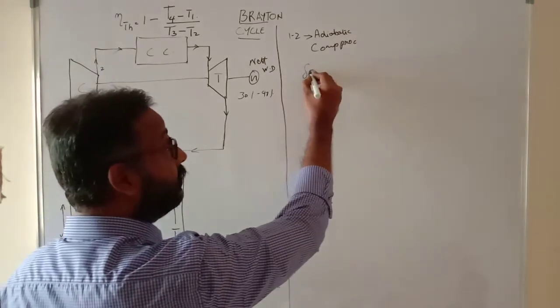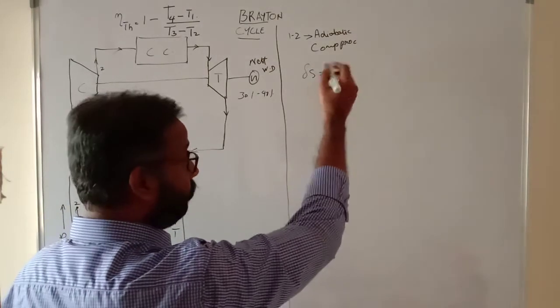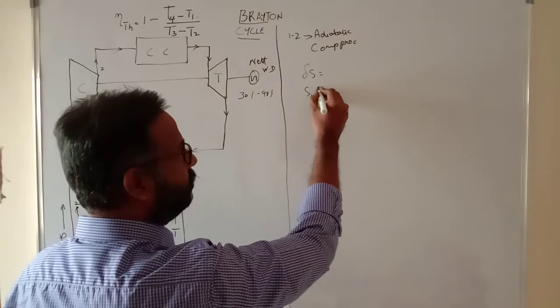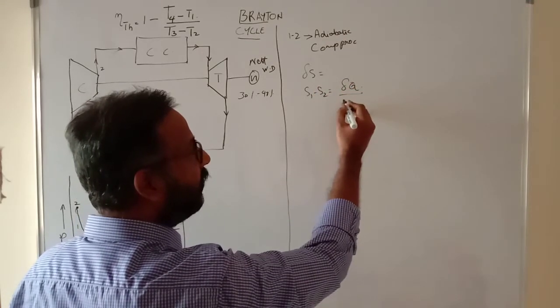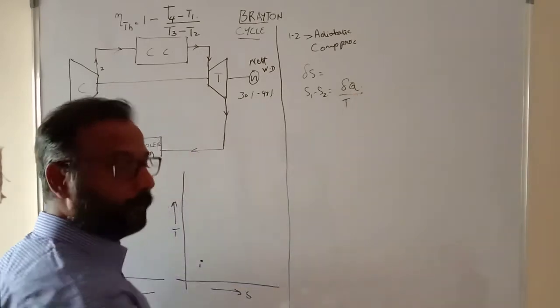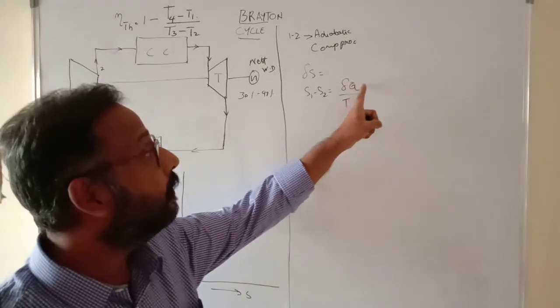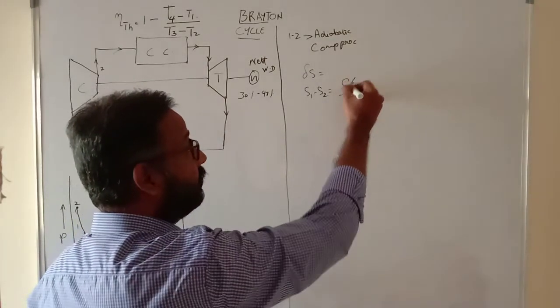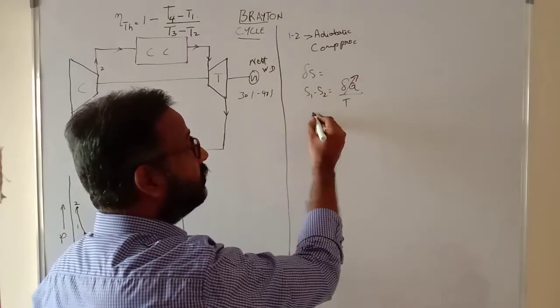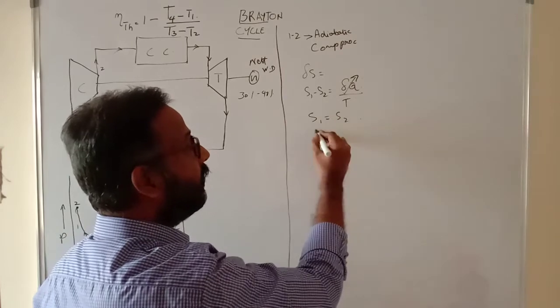That is, the change in entropy, S1 minus S2, is dependent upon the heat developed divided by the absolute temperature. Now here, since it is an adiabatic process, heat supplied or heat rejected is 0, so delta Q will be equal to 0. Hence, S1 will be equal to S2.